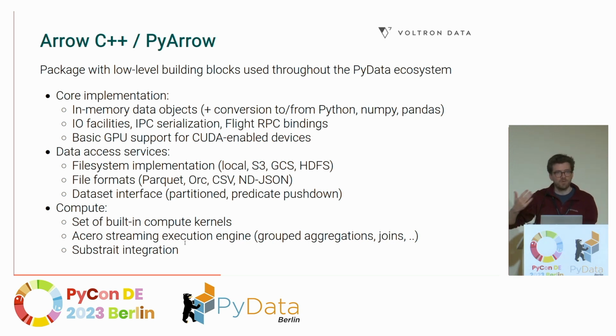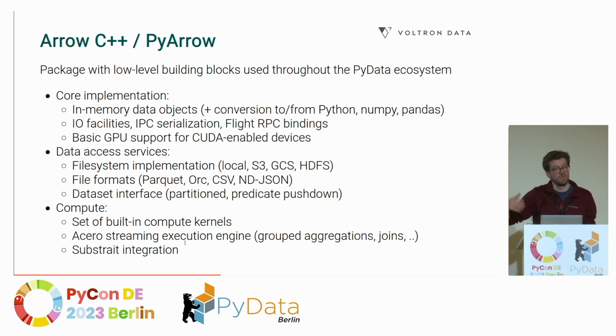PyArrow, certainly in the early years, was mostly used for reading Parquet files. Nowadays it can do a lot more, but it's still a major use case. Reading datasets, and it also has a compute module with a whole bunch of computational kernels.